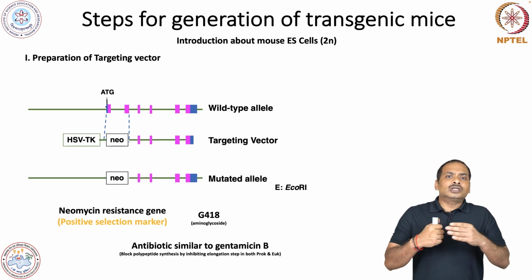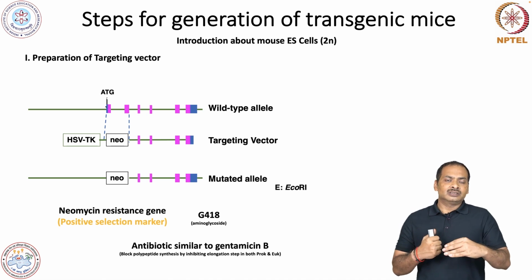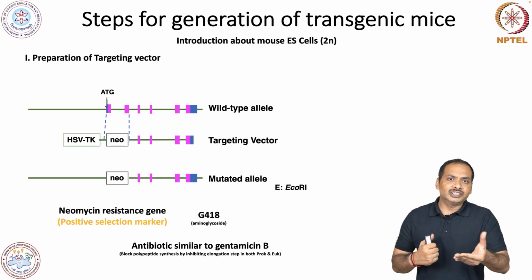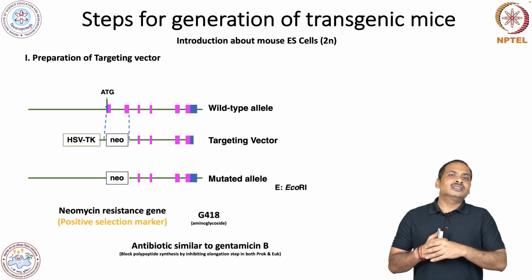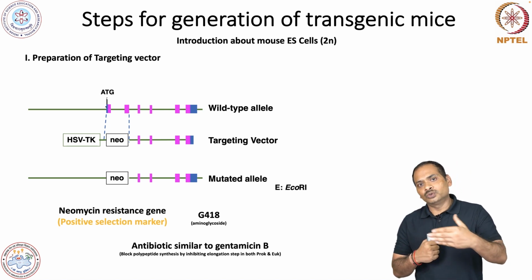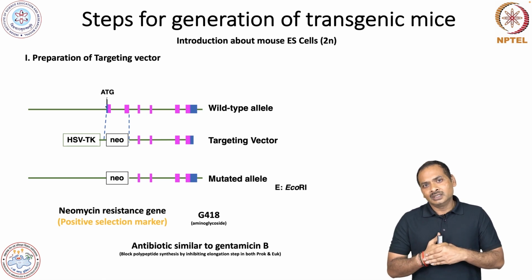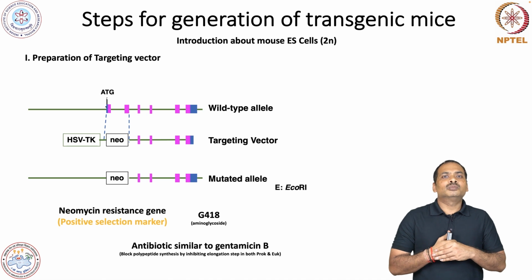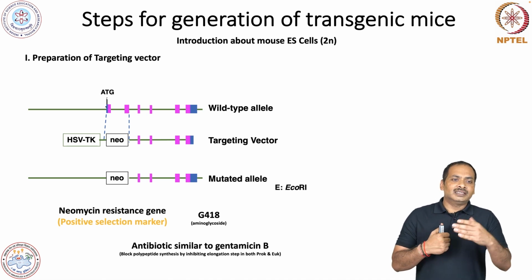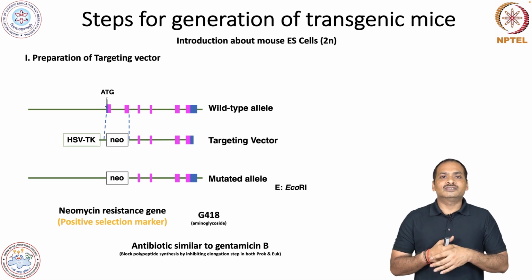The concept of positive selection is that if your gene is inserted into the genome, then that cell will grow in the presence of G418. This will provide resistance. This is the concept of a positive selection marker, and in this system we need that positive selection marker.